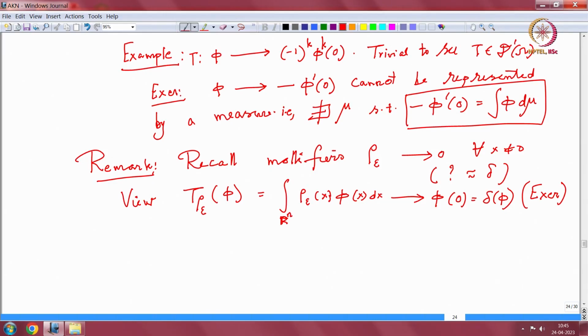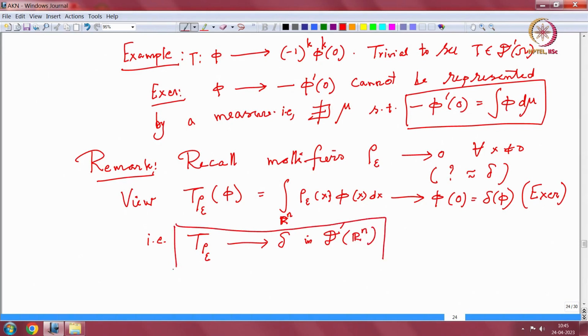So this is precisely what we want. If you view it as a distribution, this converges to delta in D'. This is nothing but your weak star convergence. So you have convergence in D'(R), and this is exactly what we were looking at: on distributions, you have your Dirac delta.